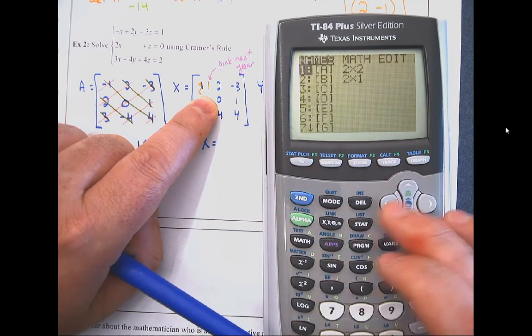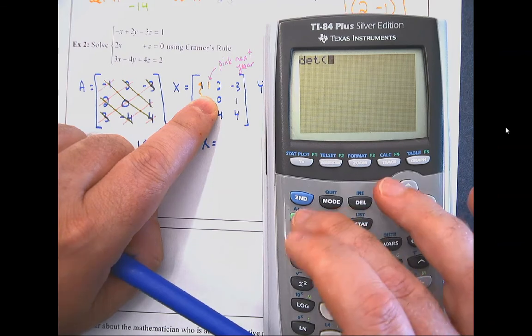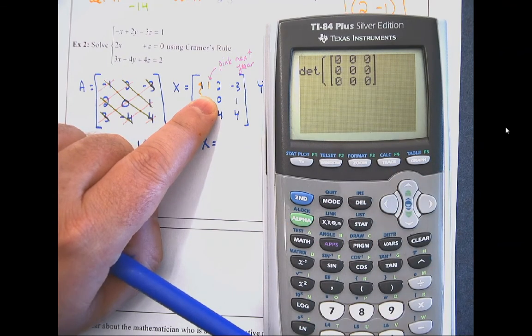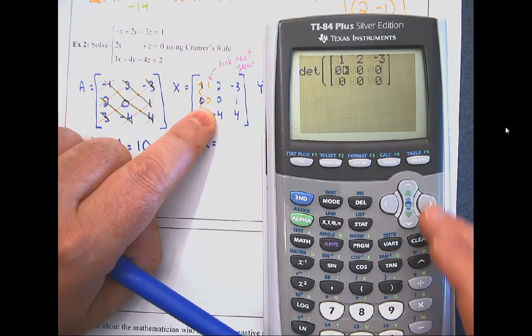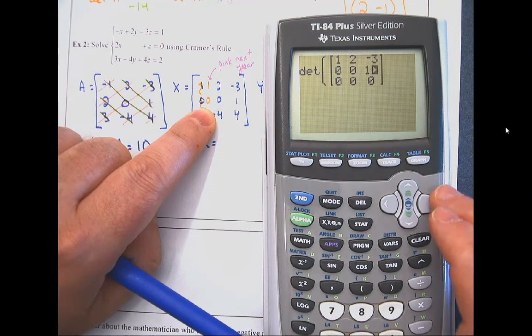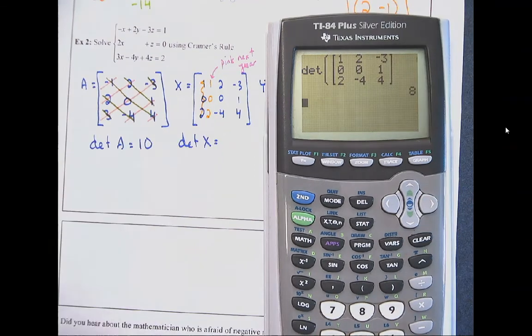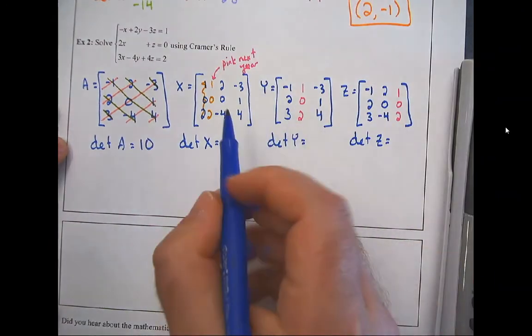Okay, matrix, determinant, alpha F3. It's a 3 by 3. Okay. 1, 2, negative 3. 0, 0, 1. 2, negative 4, 4. So this determinant ends up being 8.